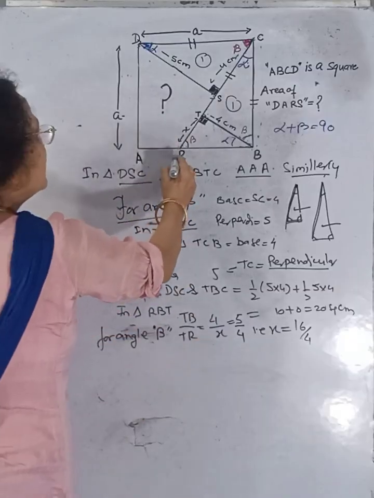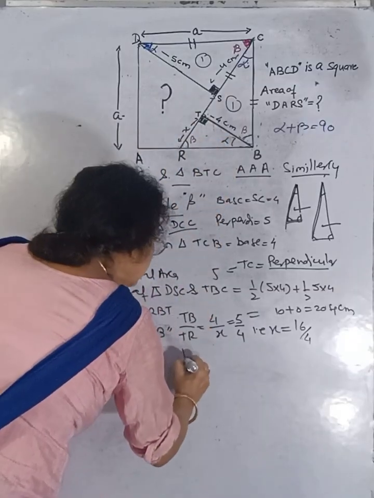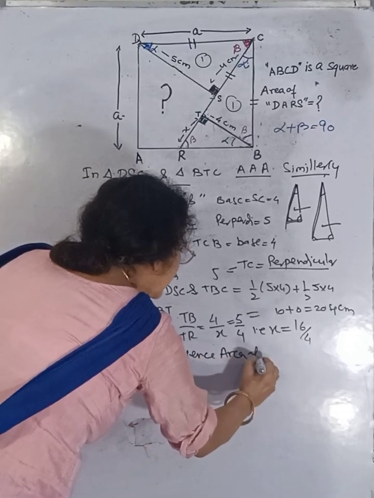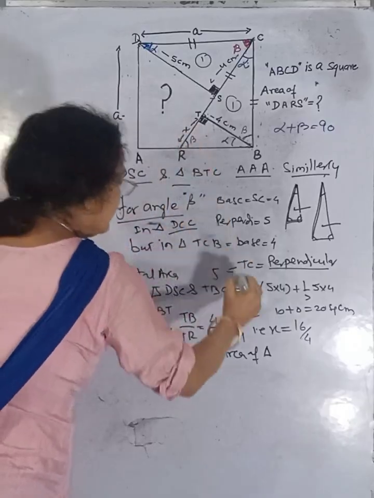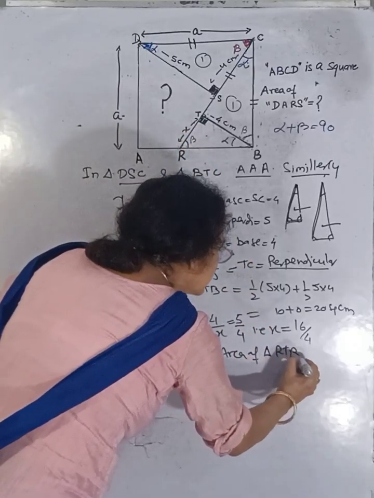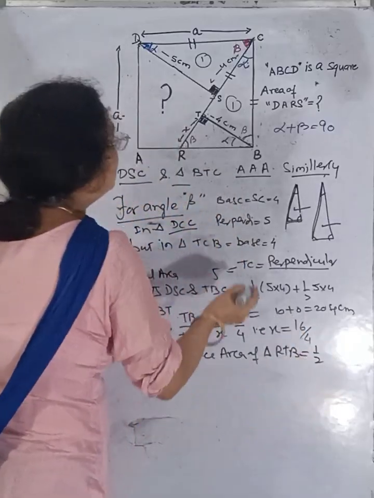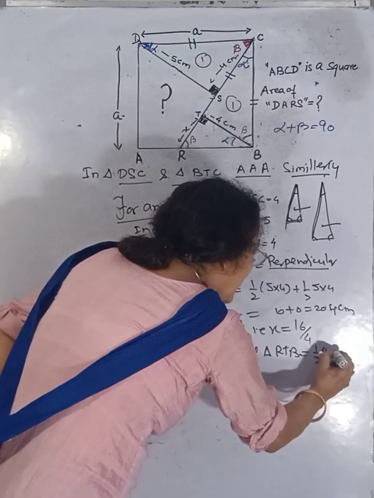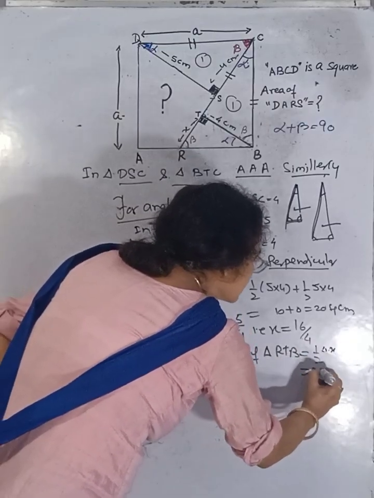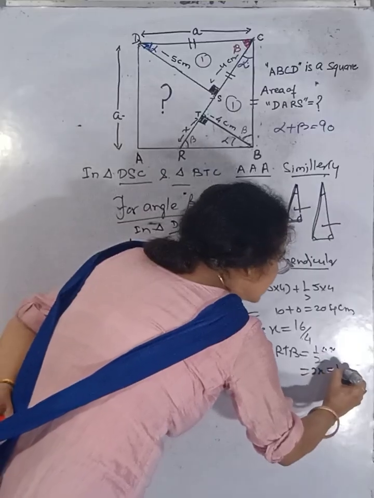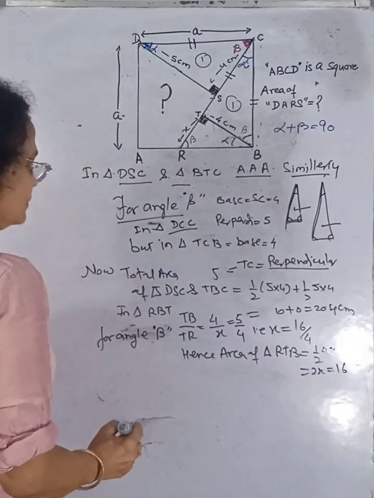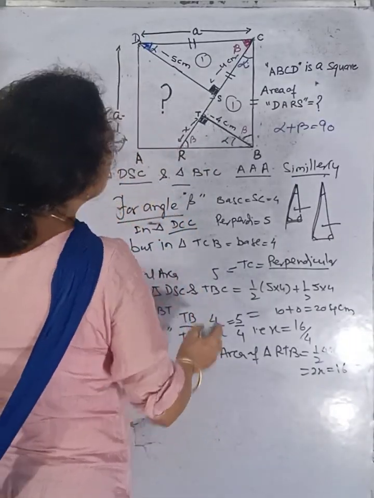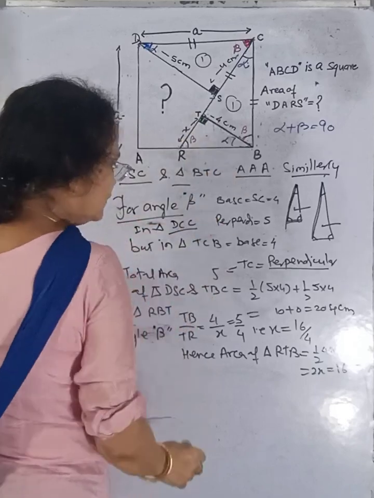Hence the area of triangle RTB will be 1 by 2 x into 4, that is 2x.